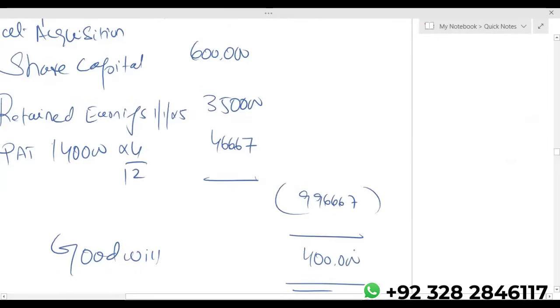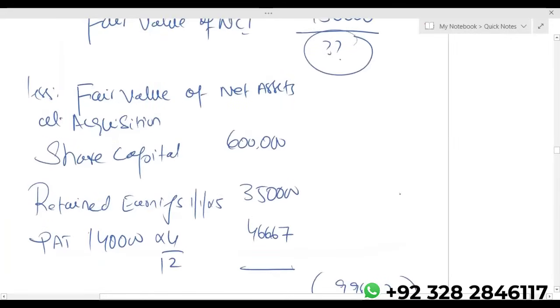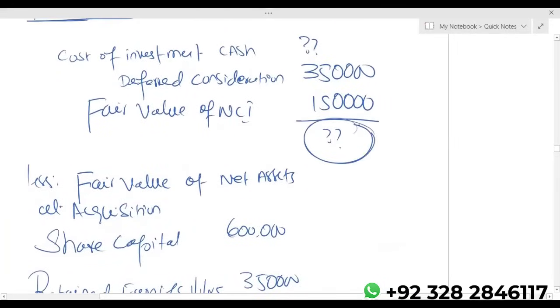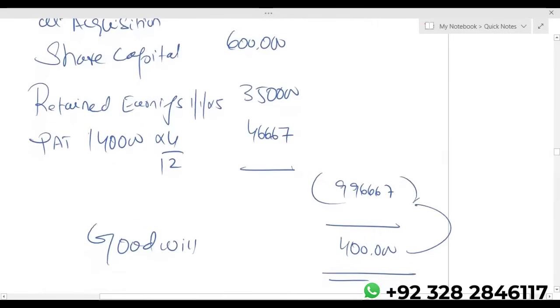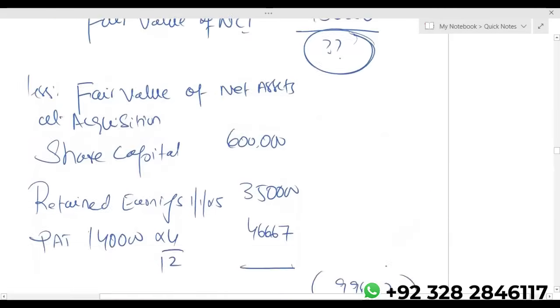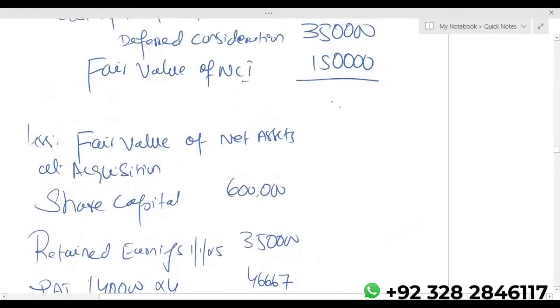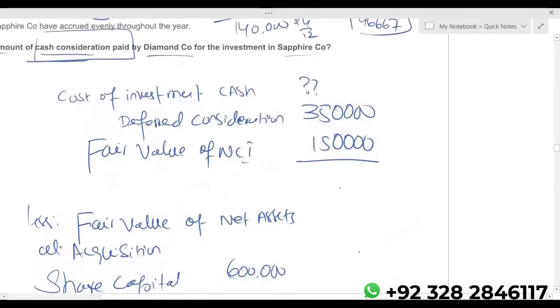Now a simple reverse calculation. Very easily I can calculate this question mark. How? If I add 4 lakh into 9,96,667, can I say this is the value of total investment plus NCI?